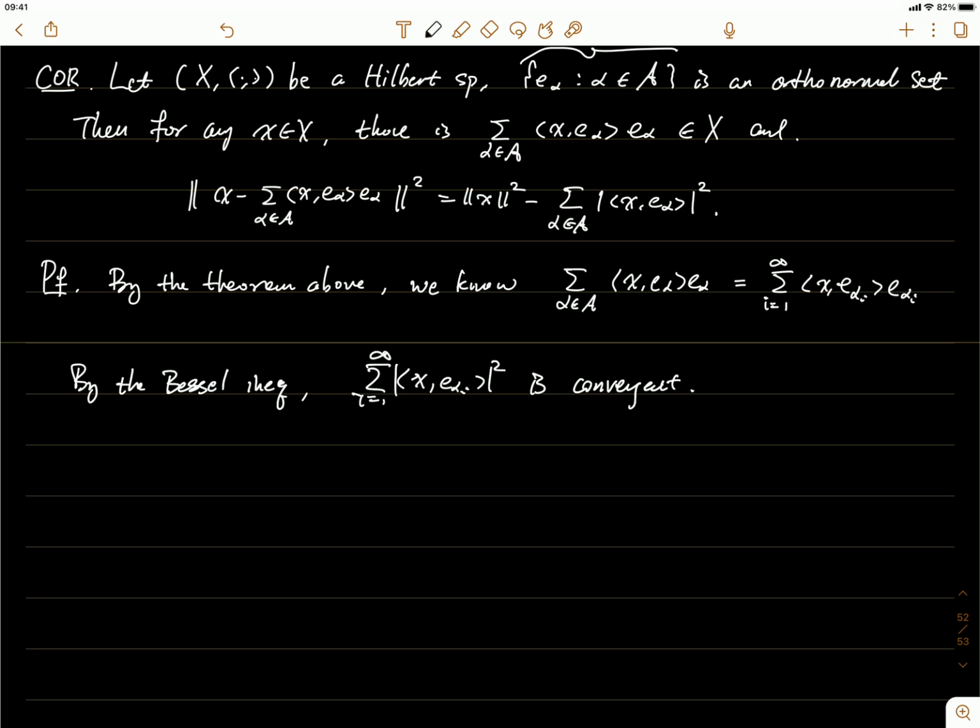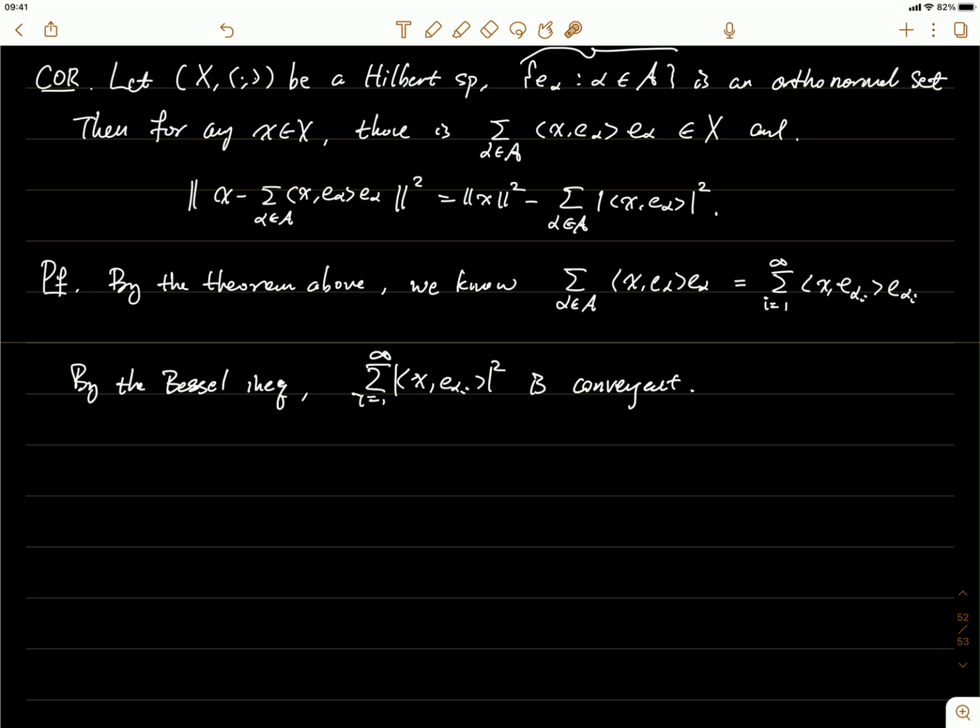The reason is no matter how many finitely many of them you extract, this sum is less than that bound. So you know that for any finitely many of them, this sum over x, e alpha i is going to be less than that, right?